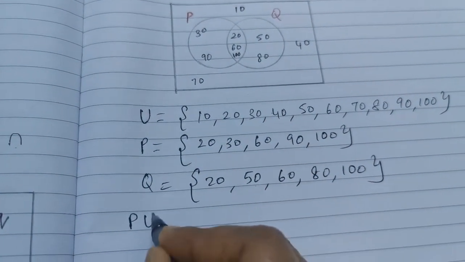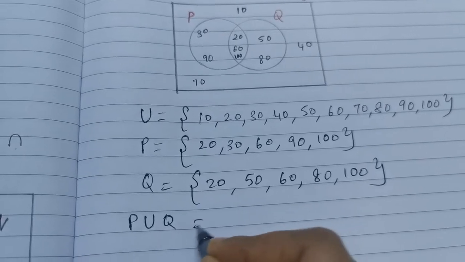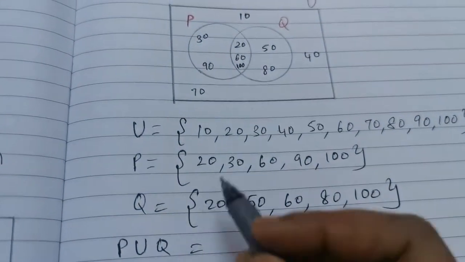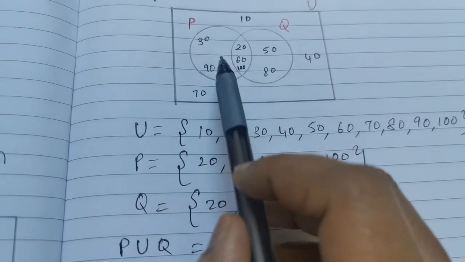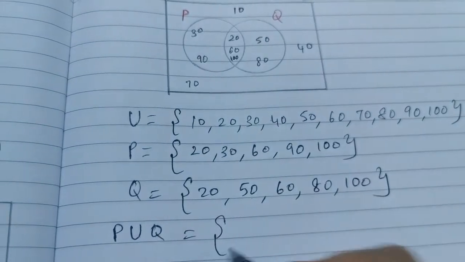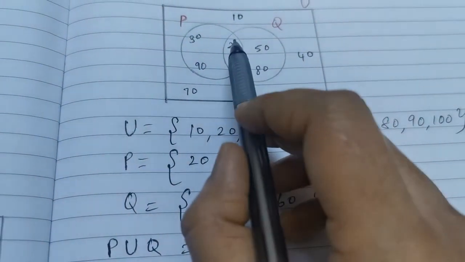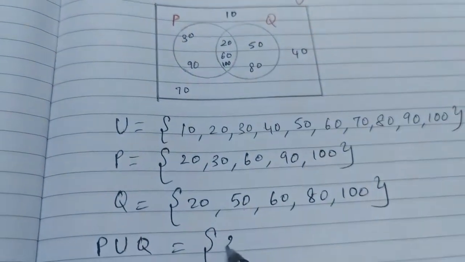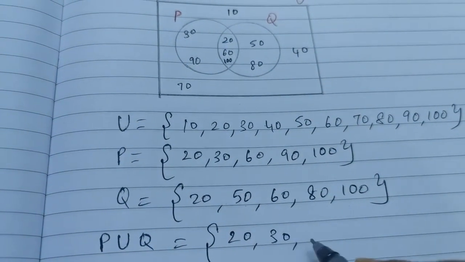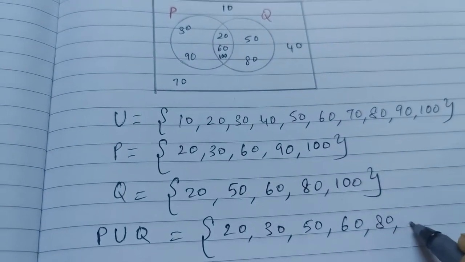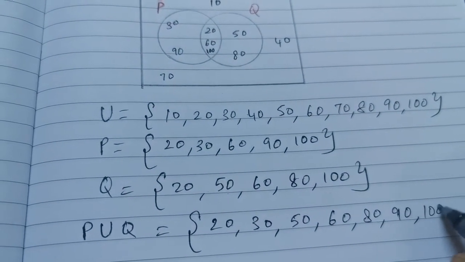Now P union Q. The set P union set Q. Union means we have to write the elements of the two sets together as a single set. Now we will write down all the elements of set P and set Q. 20, 30, 50, 60, 80, 90, 100.